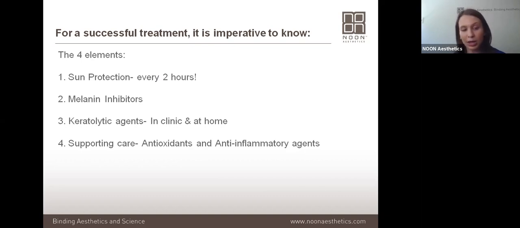The third one will be the keratolytic agents. These are the ones that help shed the cells, in clinic of course, and at home. And last but not least, the supporting care, antioxidant and anti-inflammatory agents.